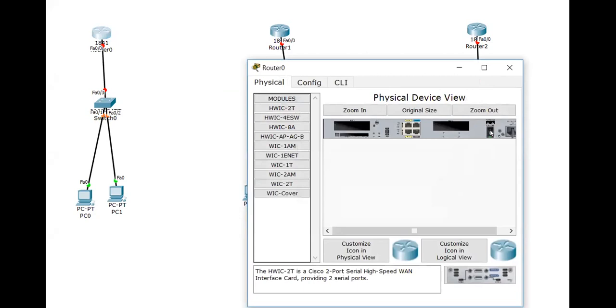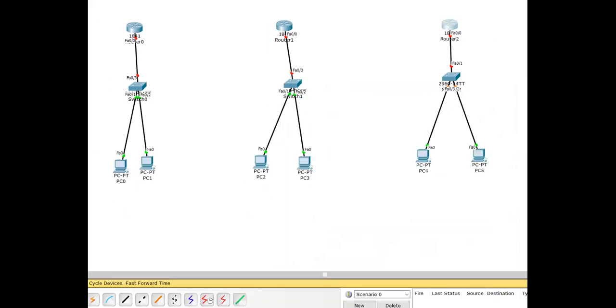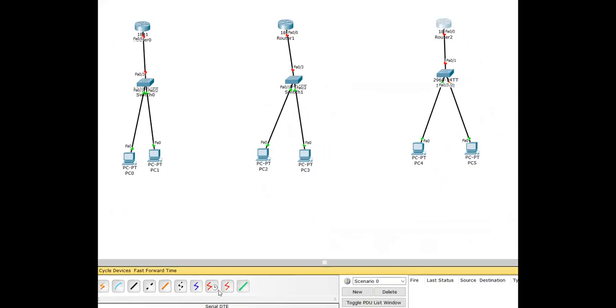If you want to add a serial port, then you can add it here. Actually, we have done this design so many times, but one student was facing a problem: sir, I have used a DTE cable instead of a DCE cable. So these are the two cables, DCE and DTE.